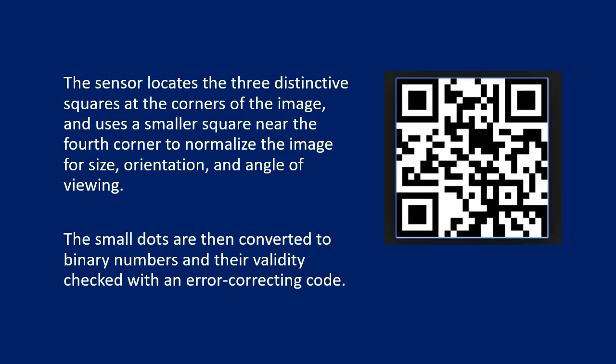Okay, so what happens here is that the sensor locates the 3 distinctive squares here at the corners of the image and uses a smaller square near the 4th corner, somewhere here, to normalize the image for size, orientation, and angle of viewing. The small dots there are then converted to binary numbers and their validity checked with an error correcting code.